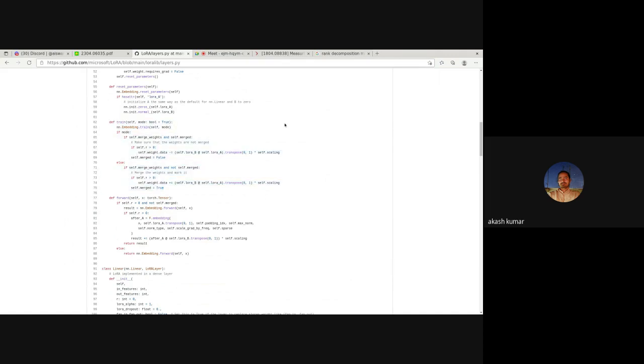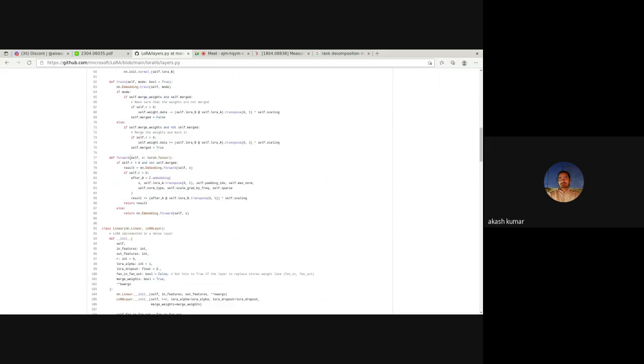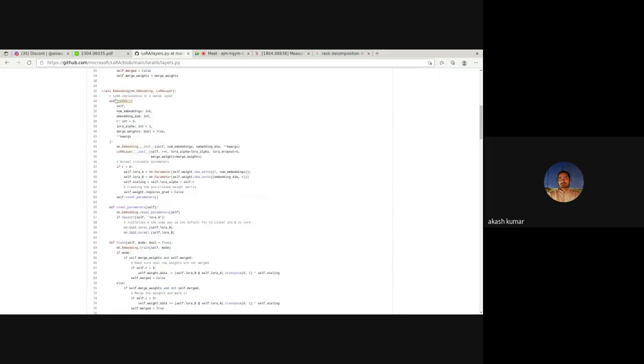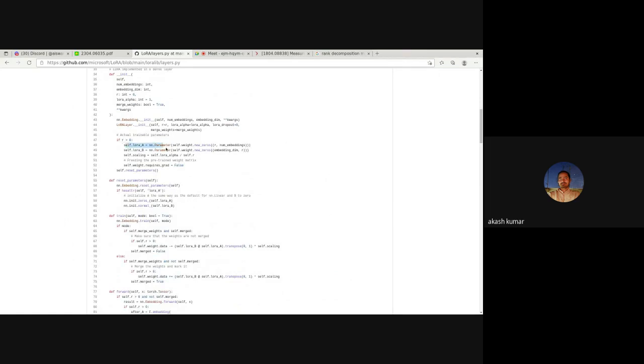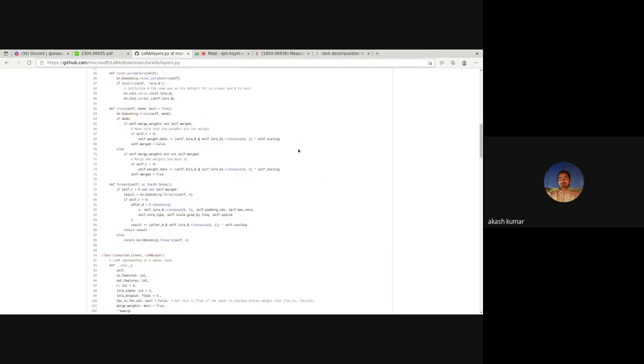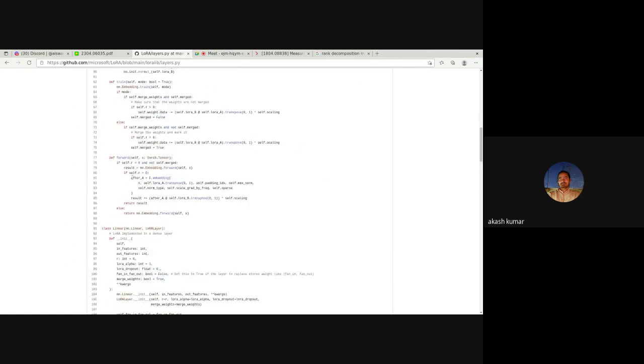But other than that, the forward layer. Here is a similar thing for an embedding layer. Again they define the same parameters LoRa A and LoRa B, and what happens is that at training time, whatever their initial output is from the embedding layer, they add the output from LoRa to the result.